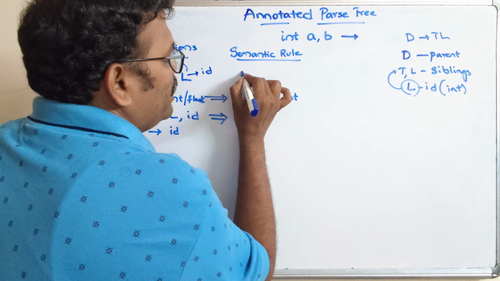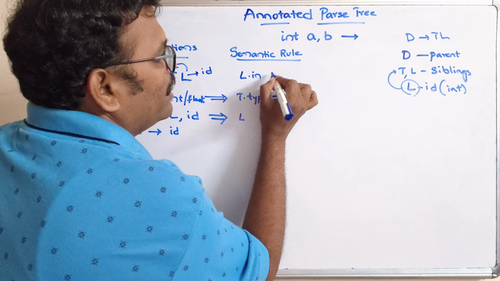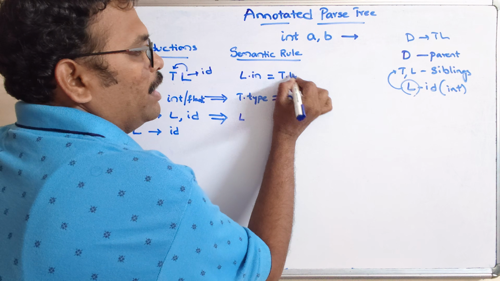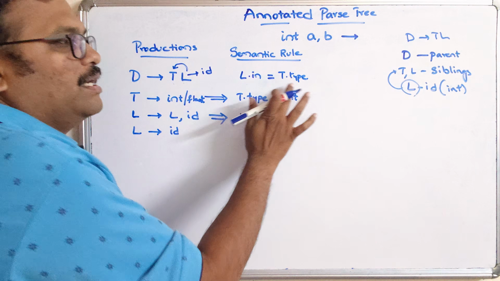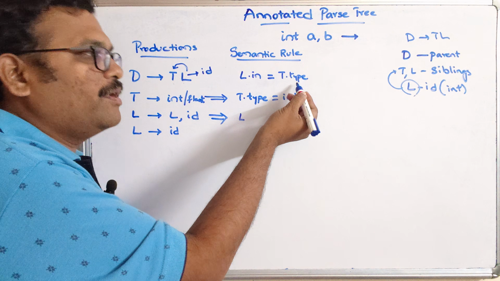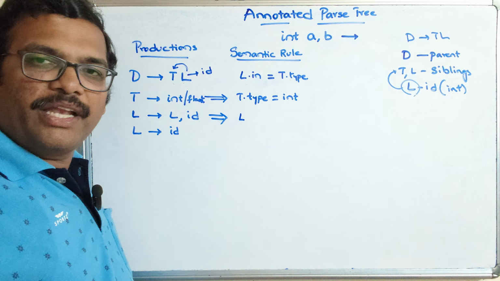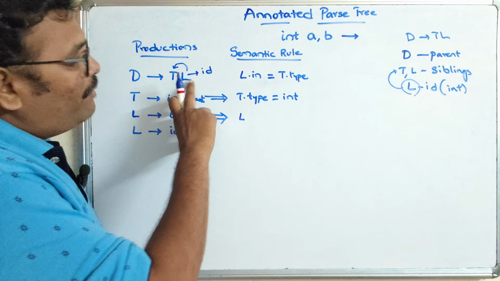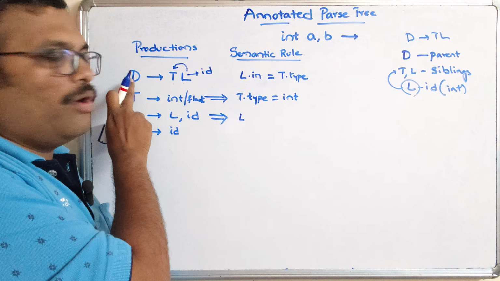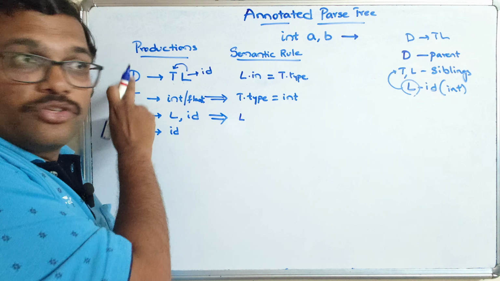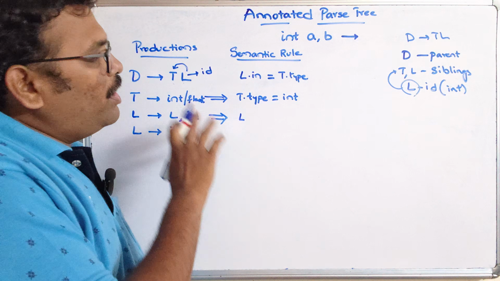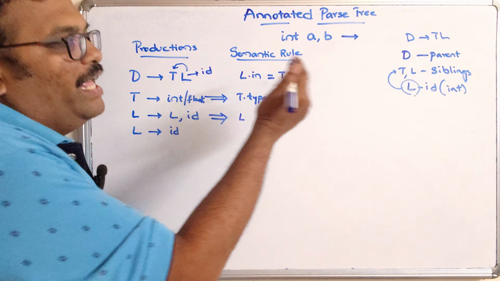We can say L.inherited is equal to T.type, because whatever data type we take here, for that particular data type only the identifier should be taken. So the L value completely depends upon the sibling, not on the parent. If the attribute depends upon the sibling, we call it an inherited attribute.